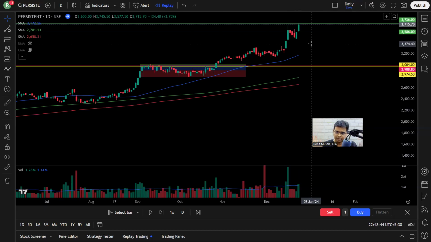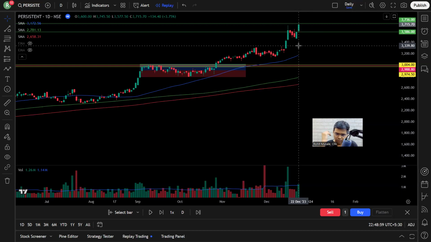So there is no hurry here. There is no need to get restless or impatient. I wanted to use this example, and as per the regulations and guidelines, we are using an example from the past. This was a stock chart from about 1 year ago, which I'm using just to educate you as to how I would approach a trade.